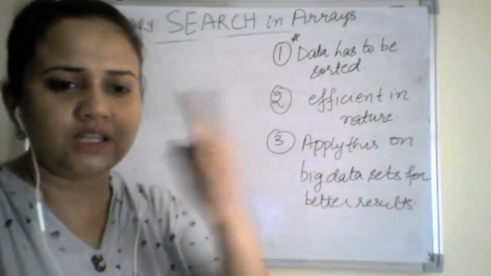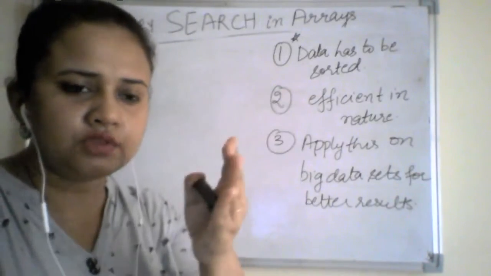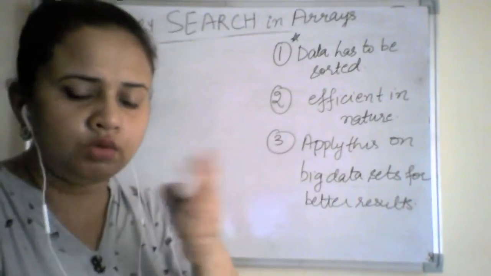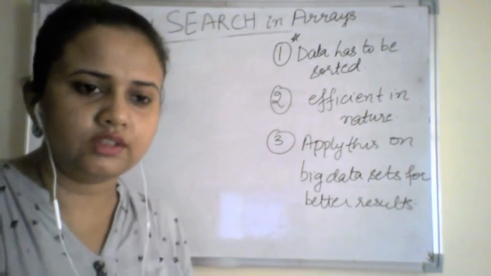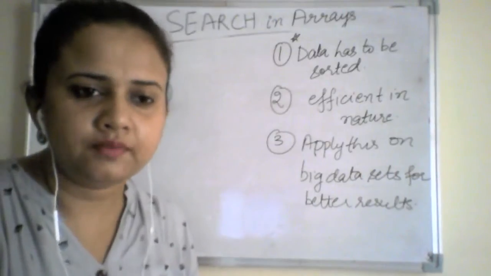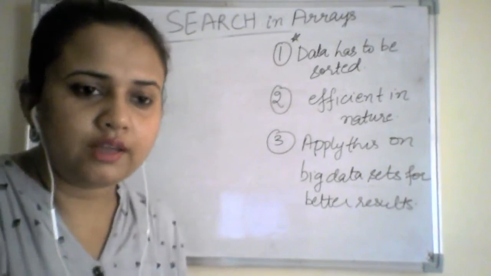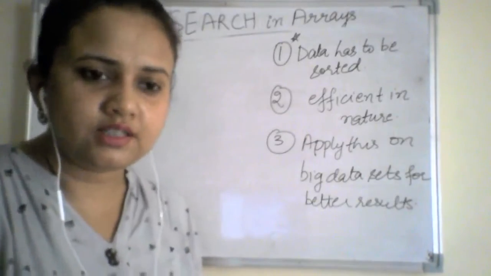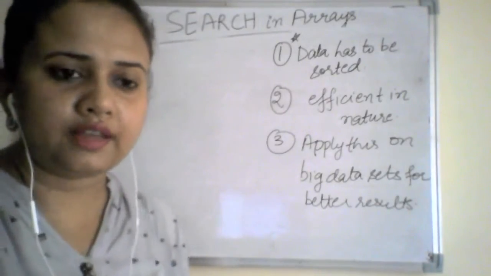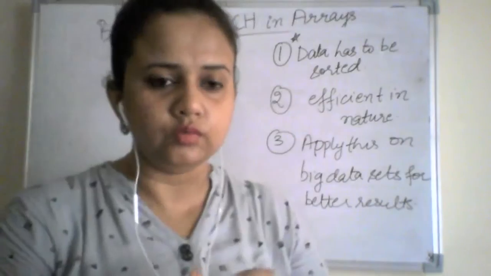Why? Because it keeps on dividing your data in halves, and by doing the division in half, the overall complexity is order of log n. Order of log n means if there are around 10 data elements, then you will get log of 10 to the base 2, right?